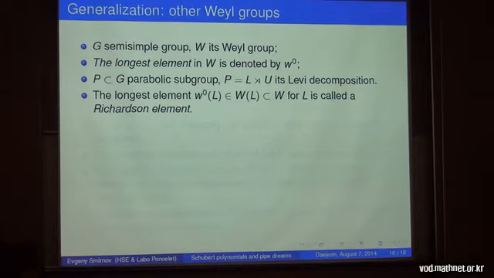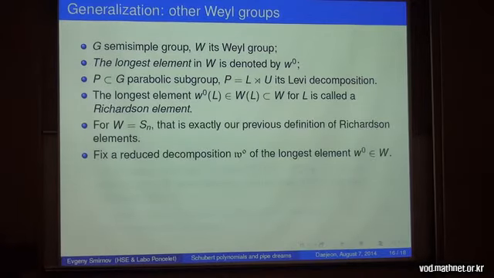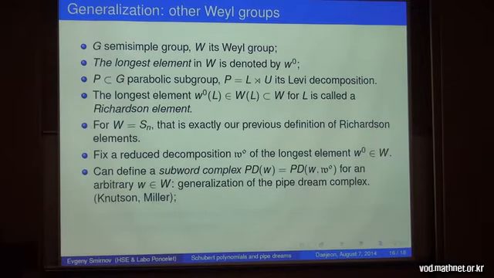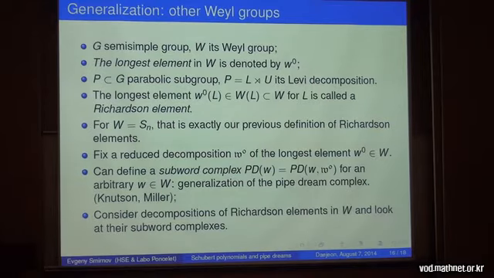Those are exactly your Richardson elements, those partial flips which I had in my symmetric group. And I can also define my pipe dream complex, which is in this case called the subword complex. But to do this, I'll need to fix a reduced decomposition of my longest element w_0 inside W.